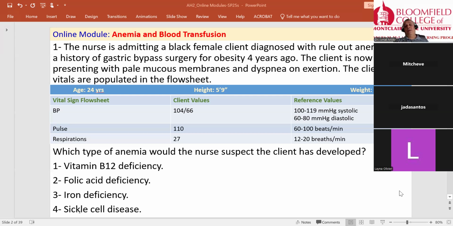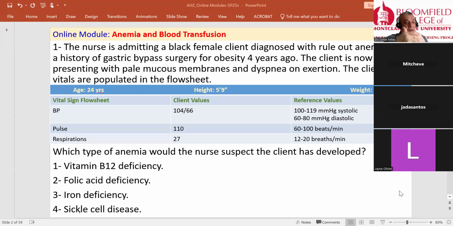Yes. Which type of anemia would the nurse suspect the client has developed? After reading the scenario, the nurse is admitting a Black female client diagnosed to rule out anemia, with a history of gastric bypass surgery for obesity 4 years ago.